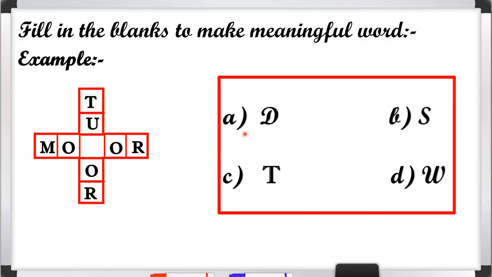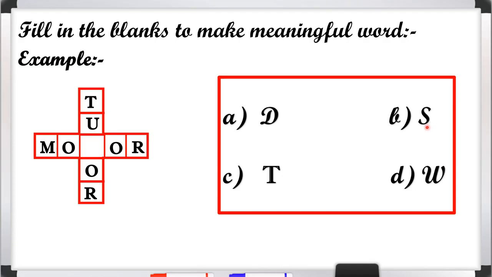Now beta, we will start by putting option number A in this blank. Okay, so let's see what word we will get after writing D in between this. So TUDOR, it is not a meaningful word, okay, so leave this.